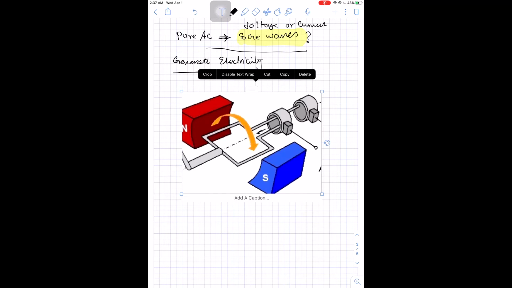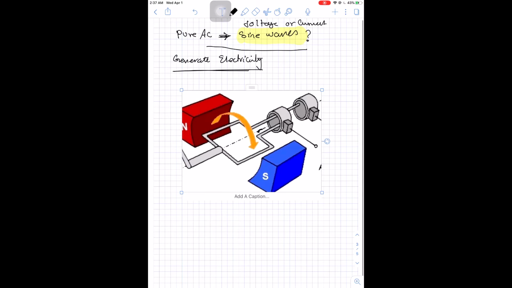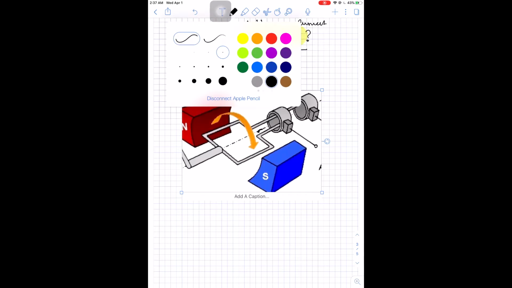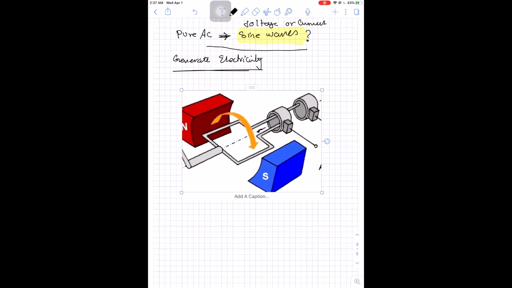Inside the generator we will have a magnet, with a north pole and a south pole. This magnet creates what is called magnetic flux, which we give the symbol phi. So phi means magnetic flux.